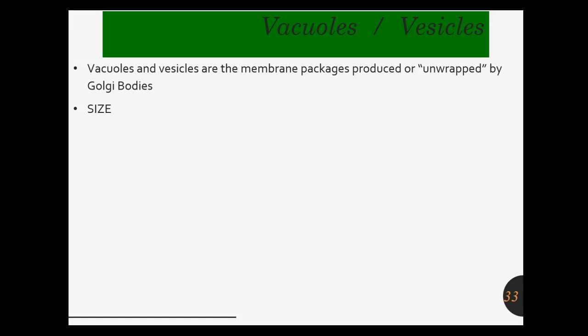Vacuoles are generally larger than your vesicles and the contents that they contain inside. So vacuoles, we say, are large membrane packages, and generally they house solid materials.